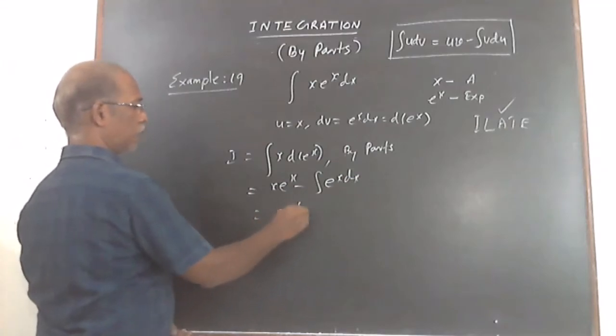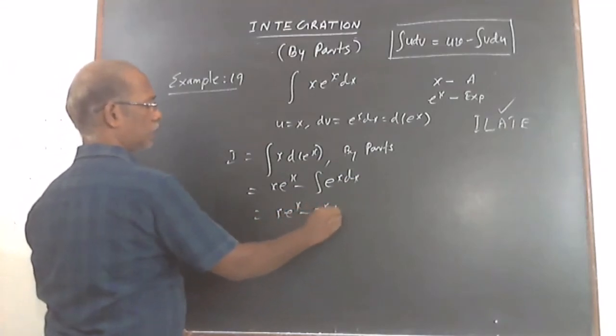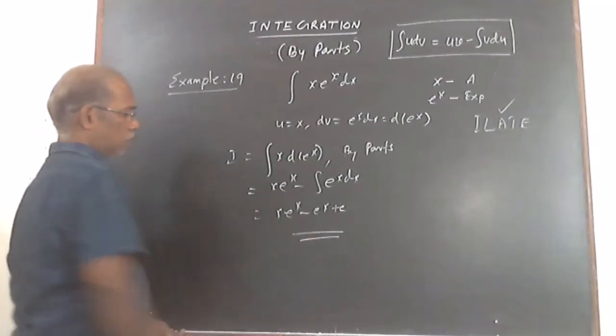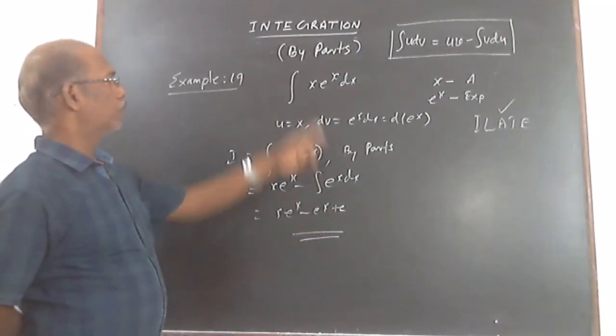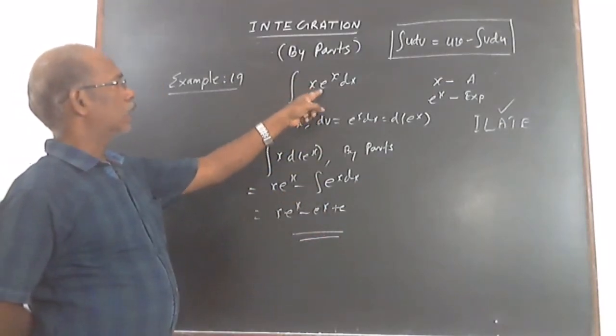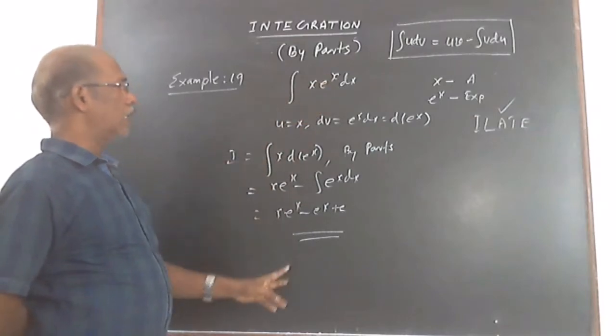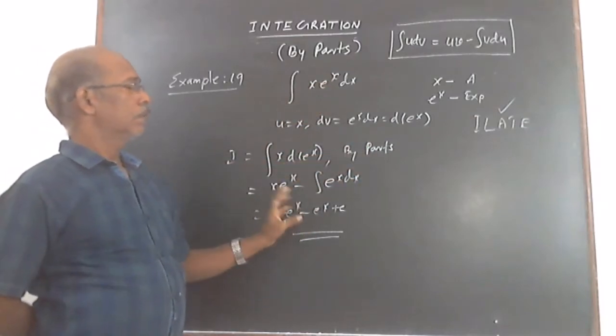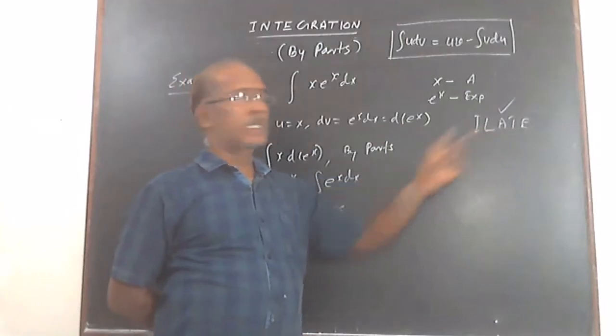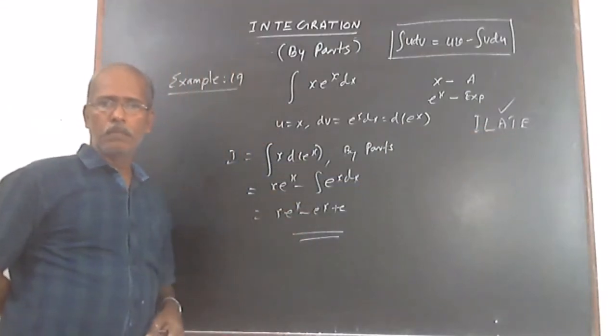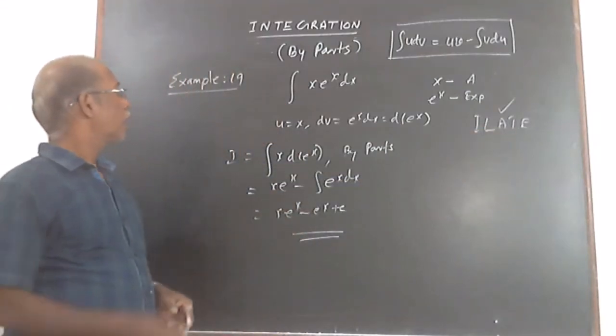Then x e power x minus e power x plus the integration constant. So this is the integrated value of the integrand x into e power x. We have integrated using by parts with the help of the word ILATE. Go through it. We'll go to one more question.